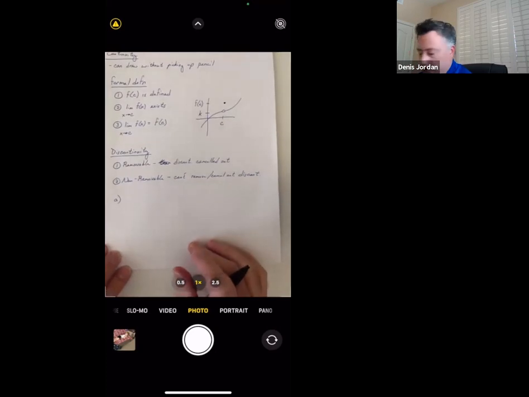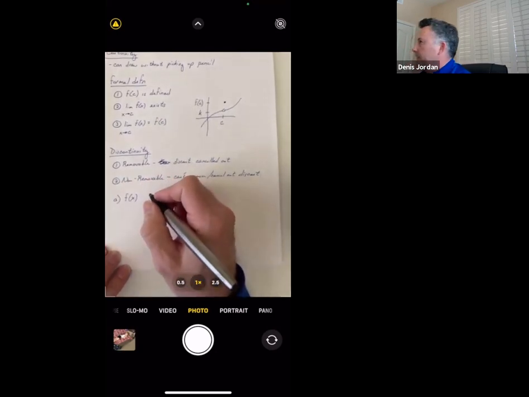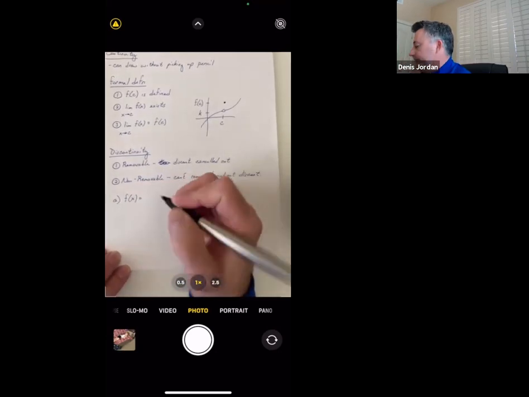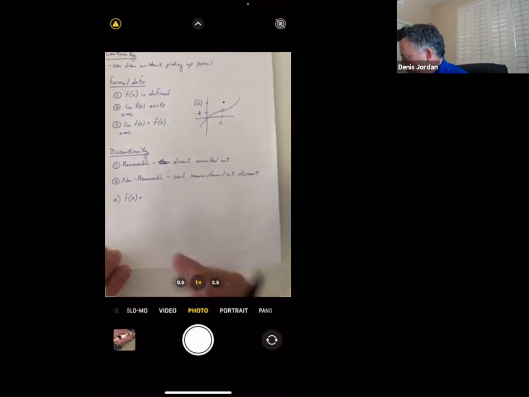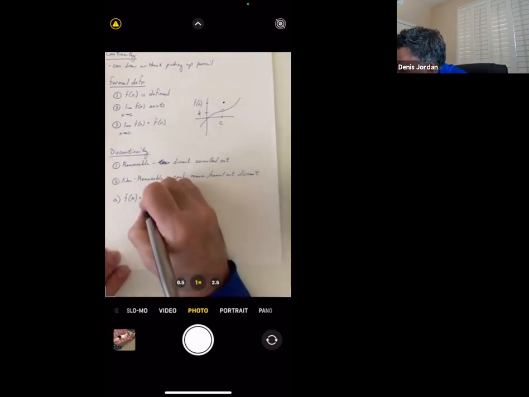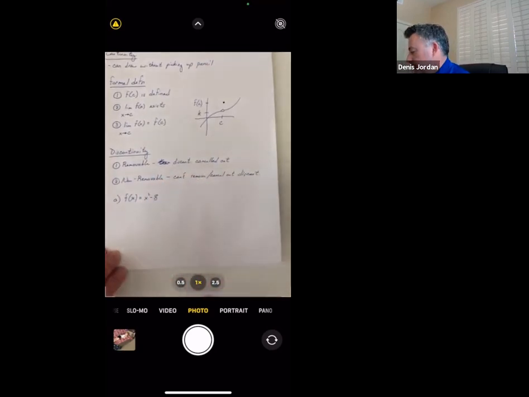Okay, so let's take a couple of different functions, and we're going to discuss the continuity of the function. Let's take a couple that are a little bit more simple. Let's do f of x is equal to x squared minus 8.